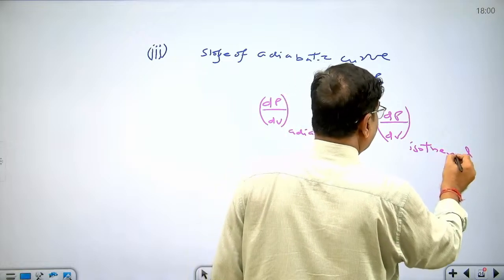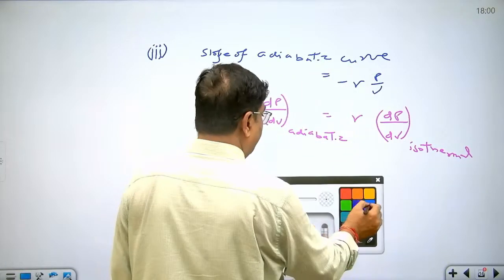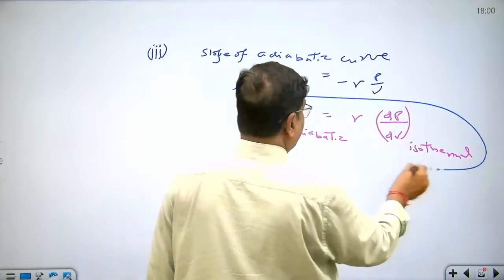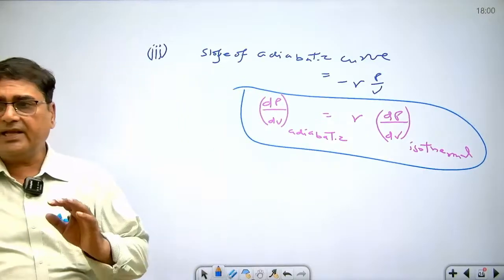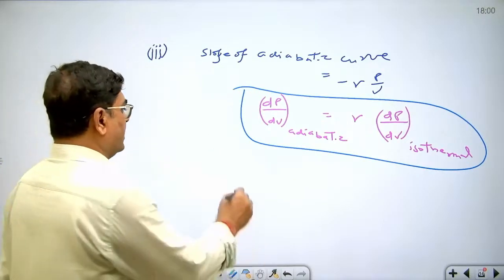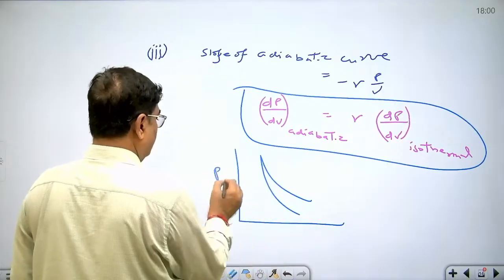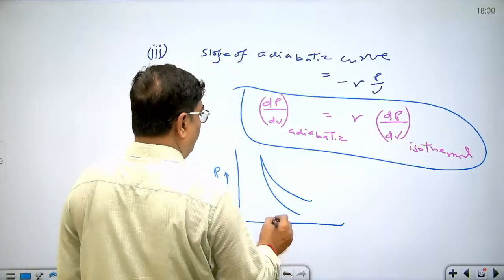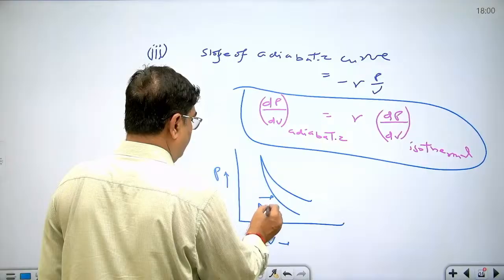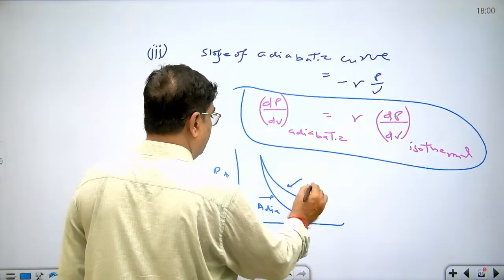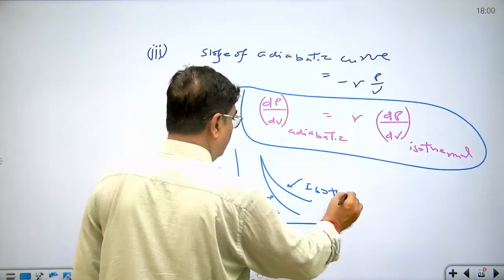So dear student, adiabatic curves are steeper than isothermal curve. Okay. If we talk about two curves, which curve will be adiabatic? This is adiabatic and this is isothermal. Okay.